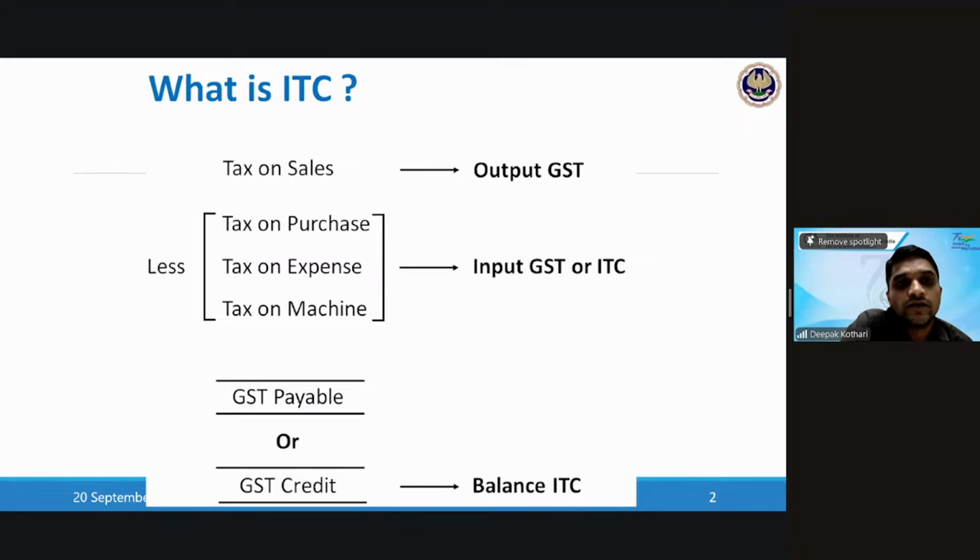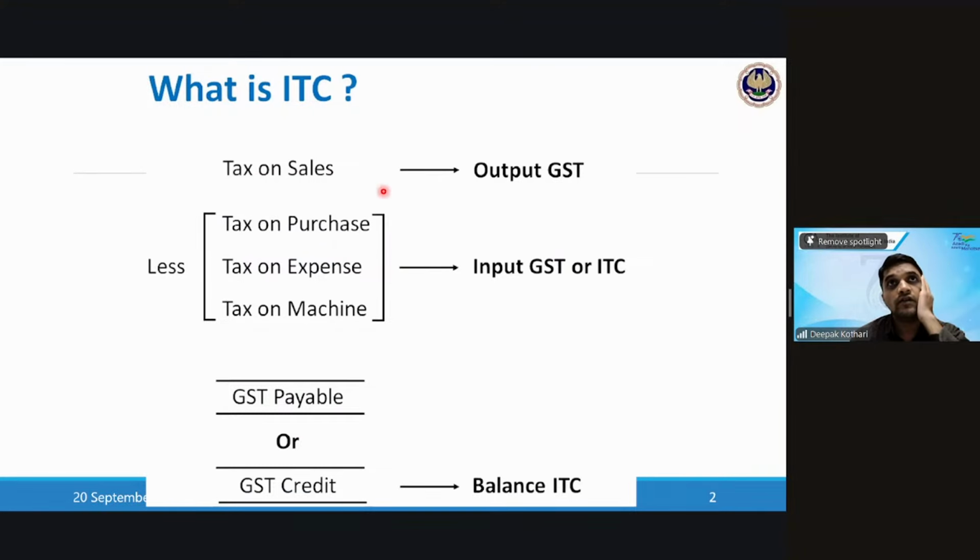So what is ITC? Whenever we do any sale transactions, we will pay tax on it. That is the tax on sales: when you make a sale, output GST will be paid on it.